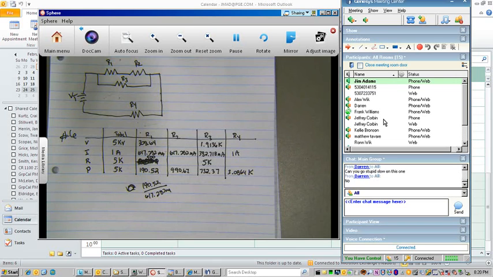Oops, I put it in the wrong place. It's up here: 308.64, right? Yeah, right there.